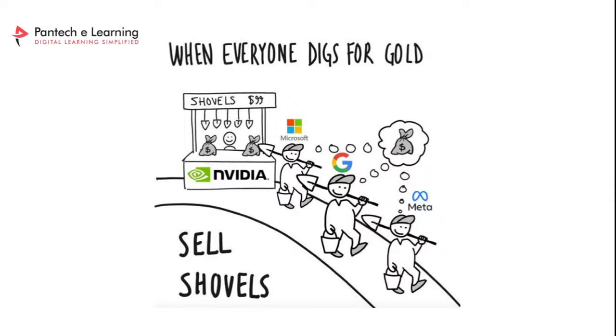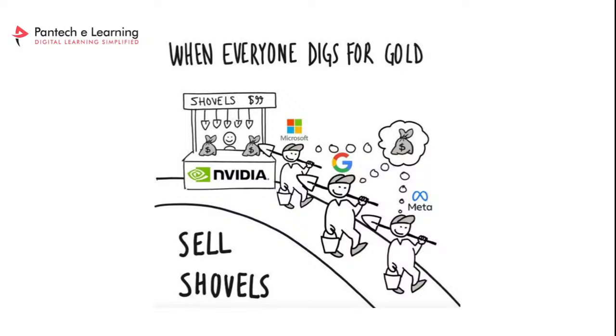At this particular time, Nvidia is selling GPUs because for all these models to run, they need the hardware for training and development to boost the process, right? So Nvidia is becoming rich just by selling GPUs to the top companies. Isn't it a clever idea, right? So when everyone digs for gold, you have to sell shovels to become rich, right? So this is what they have done and are successfully doing.